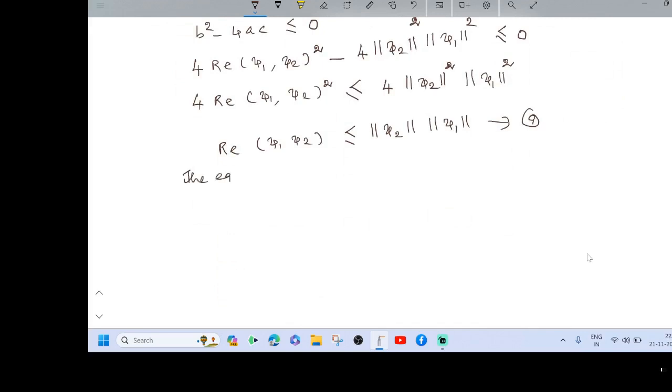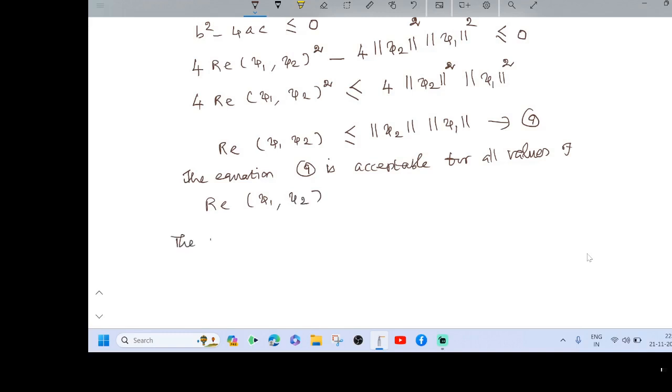Equation 9 is acceptable for all values of real part of psi 1 comma psi 2.